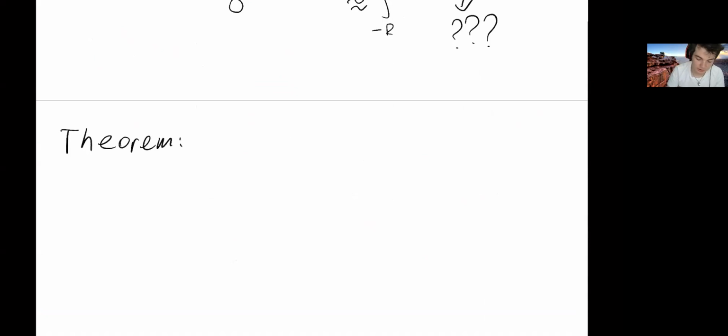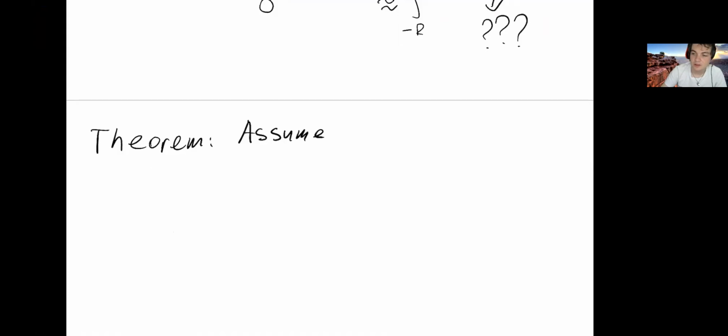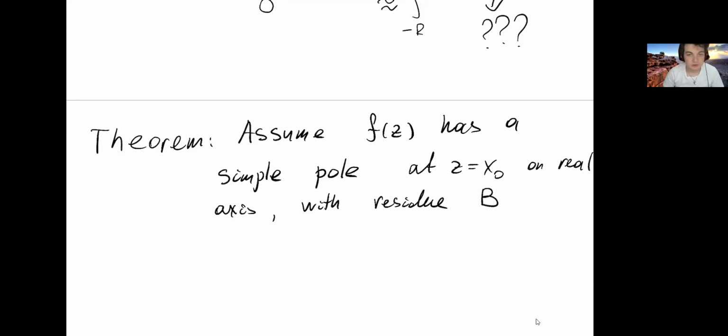So the theorem goes like this. Assume f of z has a simple pole at z equal to x0 on the real axis, with residue, okay, the book calls it B0, so let's call it B0.